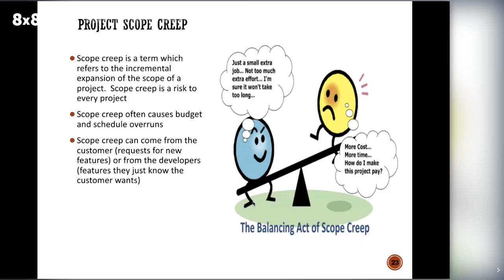Scope creep can come from the customer, requests for new features, or from the developers, features they just know the customer wants. So as a BA, you must ensure that you manage scope creep very well. Otherwise, you won't have a successful project. This is a tip, all right?